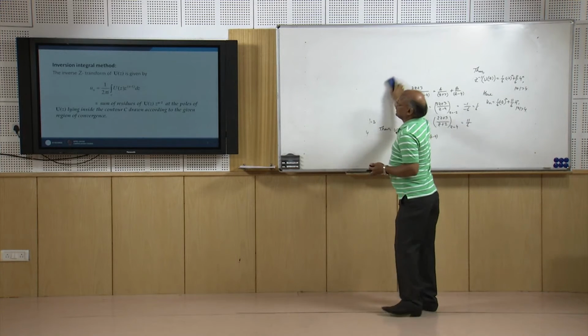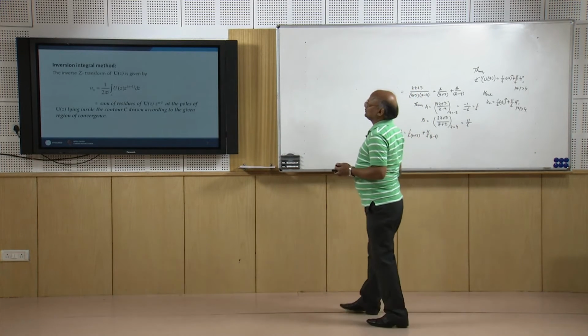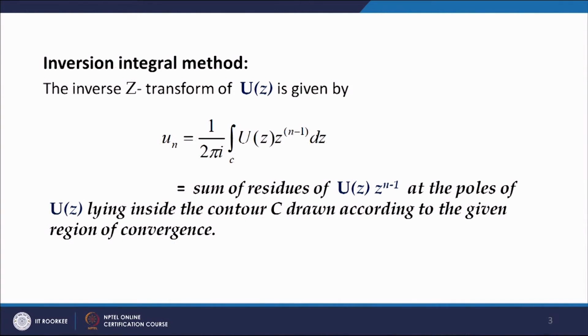Let us suppose we have a sequence u(n), and the Z transform of the sequence is given as U(z). Then the inverse Z transform of U(z) is given by u(n) equal to 1 over 2 pi i integral over c of U(z) into z to the power n minus 1 dz, where c is the contour which encloses the singularities of the function U(z).